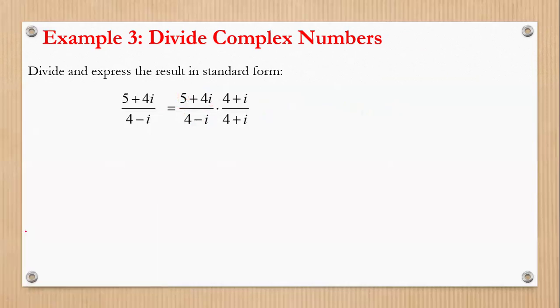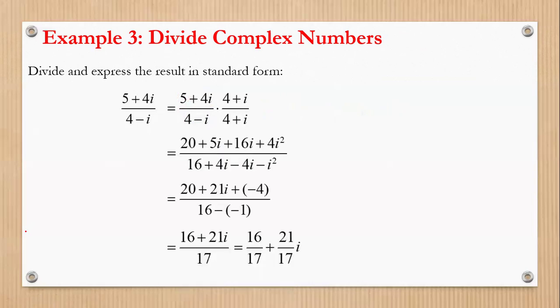If we multiply both top and bottom by the complex conjugate of the denominator, which is 4 plus i, and multiply the parentheses on top one by one, and multiply the denominators, we get 16 minus negative 1, which is plus 1, and that's 17.